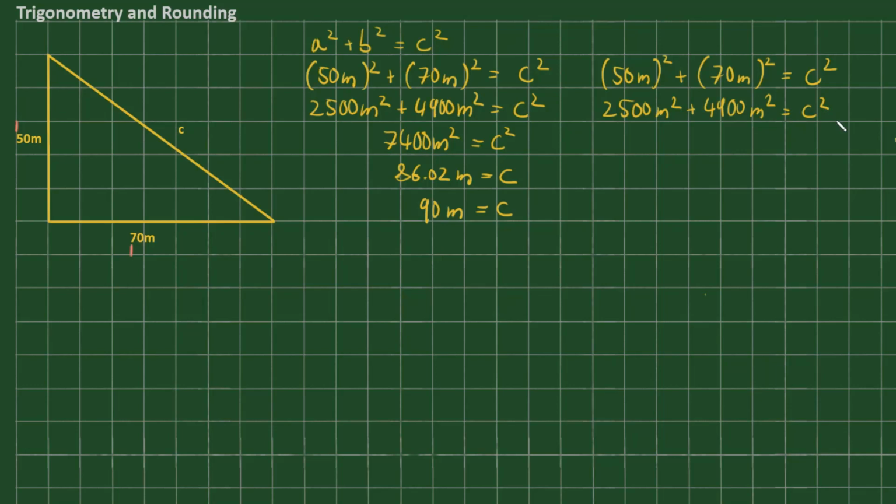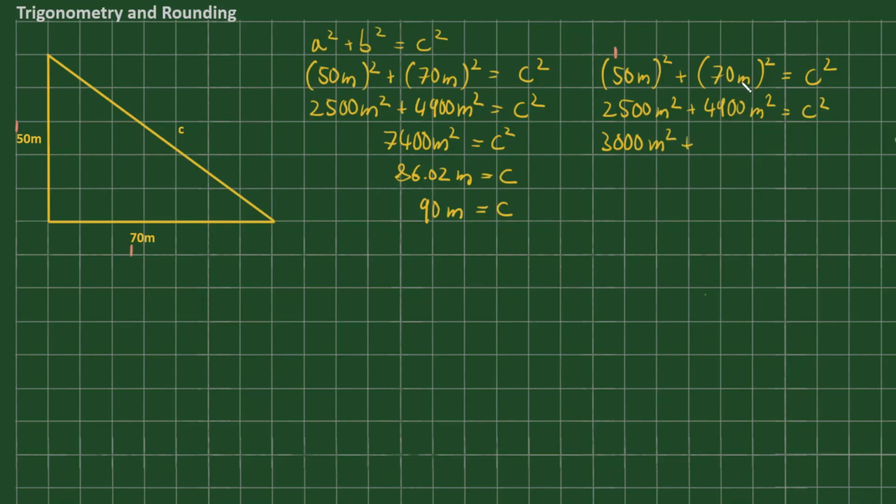However, now I'm going to round at this stage, because this 2,500 comes from this 50-meter measurement. Remember, 50 meters squared is 50 times 50. So 50 has only one significant figure. That means that I need to express this 2,500 using only one significant figure. And that will give me 3,000 square meters.